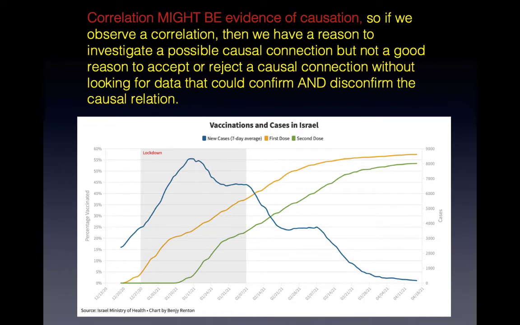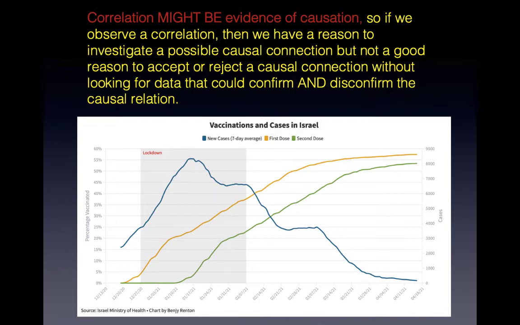So when we observe a correlation between events or factors or variables, then we have a reason to investigate a possible causal connection, but not a good reason to accept or reject a causal connection without looking for data that could confirm and disconfirm that alleged relation. It's not enough to find evidence consistent with the idea that the one causes the other, because you also have to look for what might prove it false. And I'll say more about this as we go along.